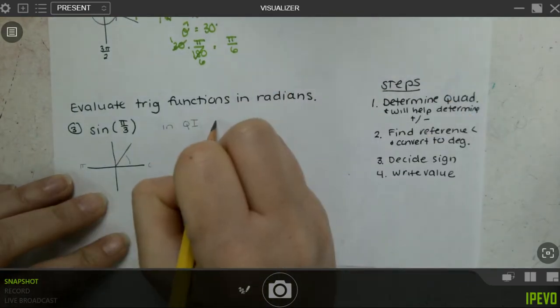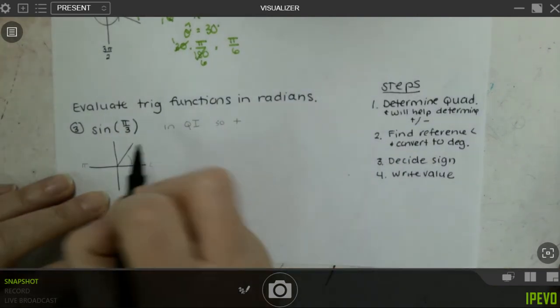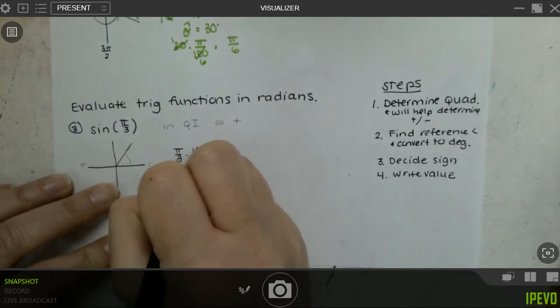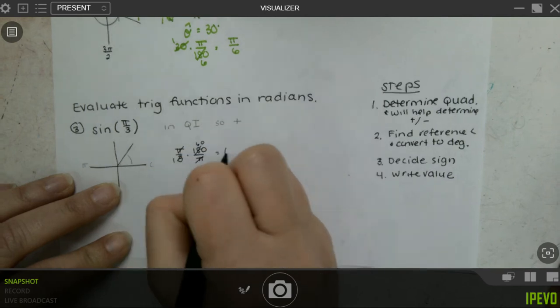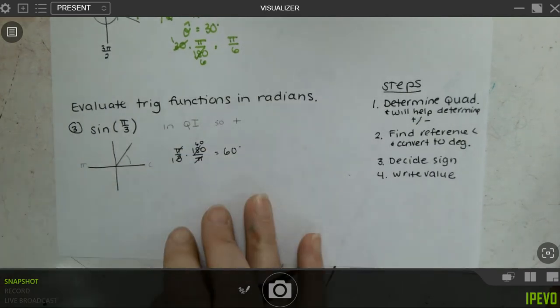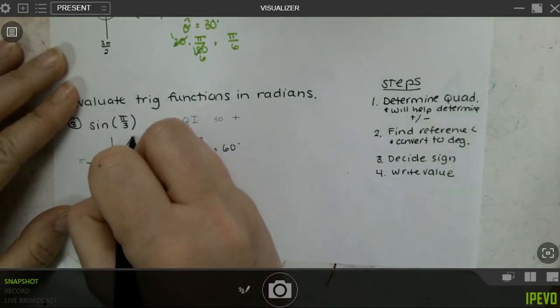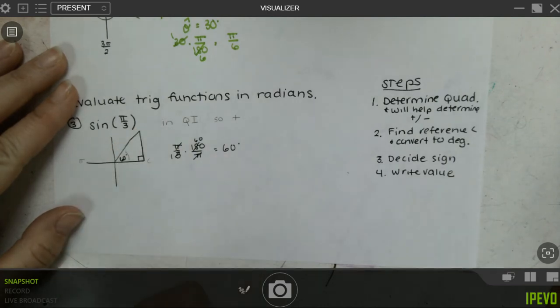All right. So we're now going to convert pi over 3 to degrees. Pi on the bottom, so they'll cancel. 60 degrees. Well, when you see that, that should make you think, oh yeah, I know that this is a 30, 60, 90 triangle, reference triangle.